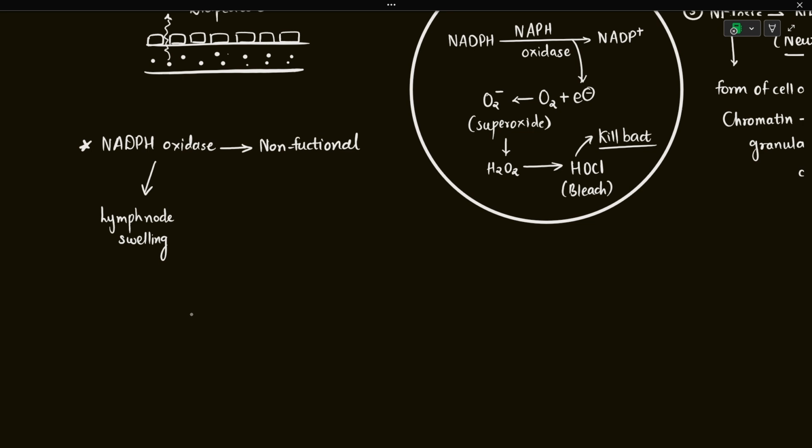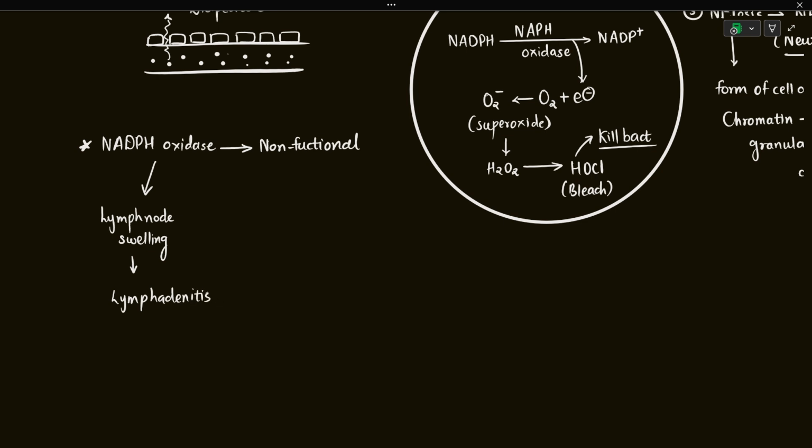But if due to some reason, such as NADPH oxidase non-functionality, the pathogen is not getting killed, it will accumulate in this region, which will lead to lymph node inflammation, known as lymphadenitis.